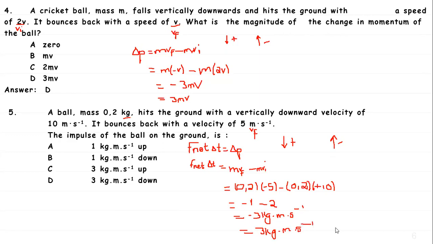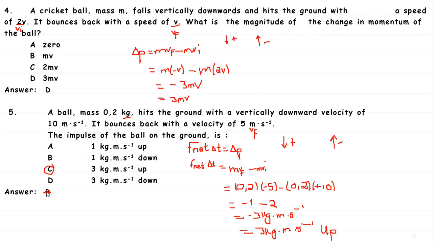And what does the negative mean? It means upwards. So the answer that I'm going to look for there is definitely C. Right. Why is it C? Because I am definitely getting a negative answer.